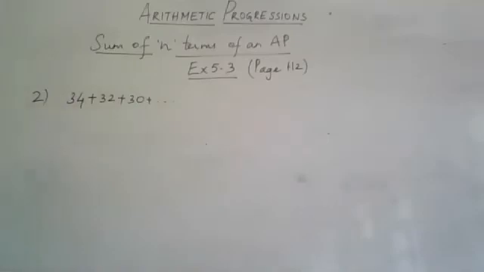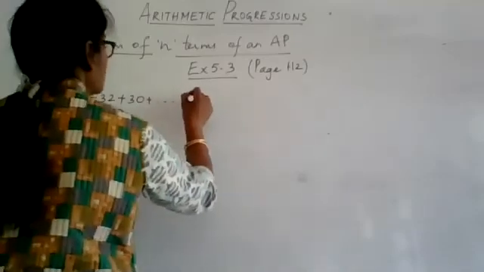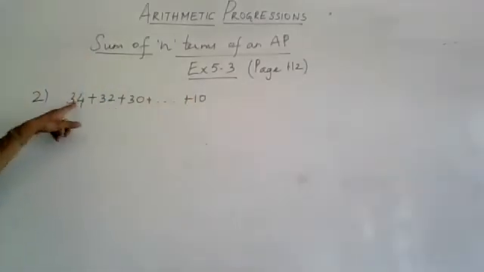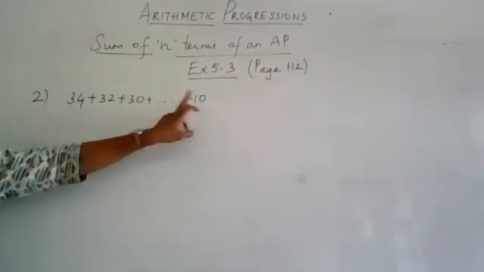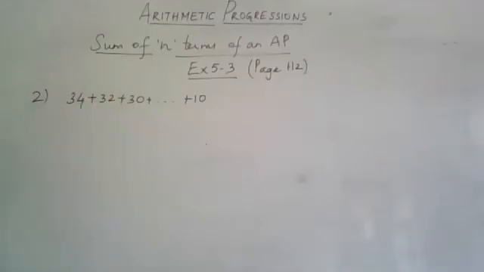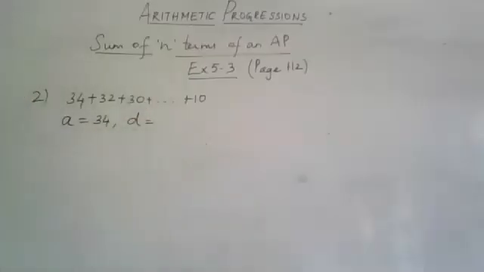But what is the speciality of this AP? What can you say about this AP? You're going to add all these terms till 10. What can you immediately say by looking at this AP? a is 34. What is the common difference?